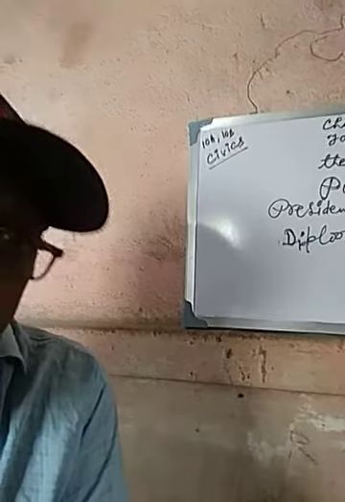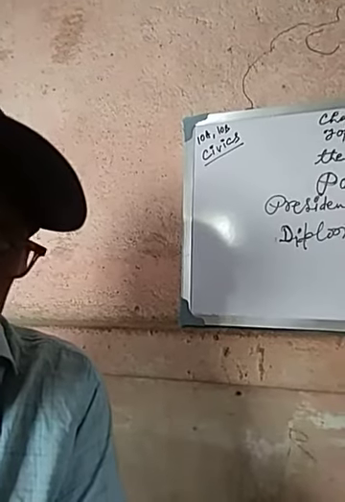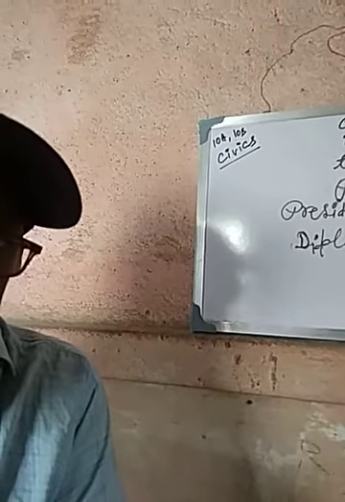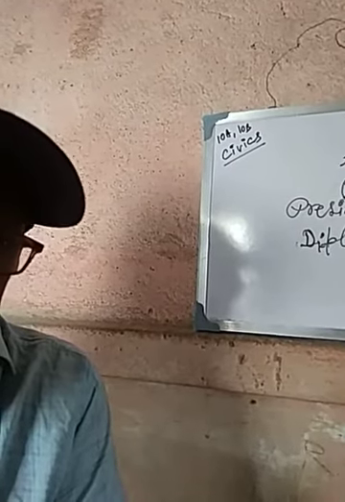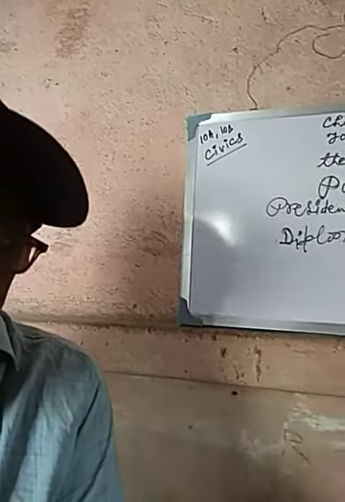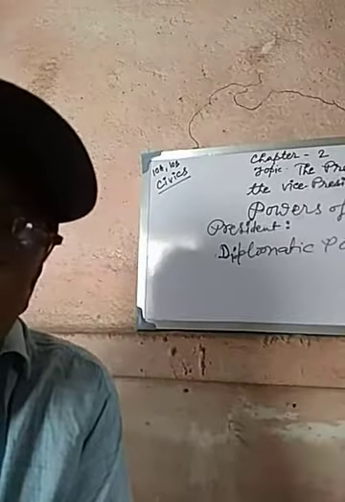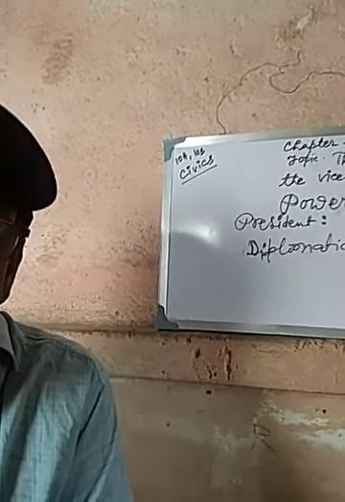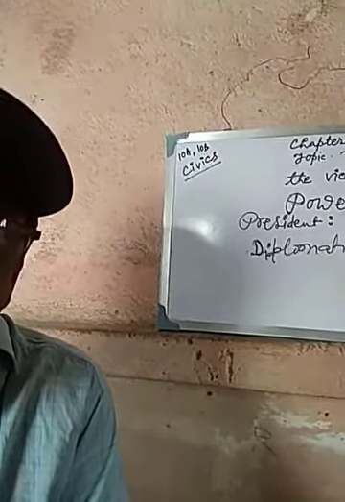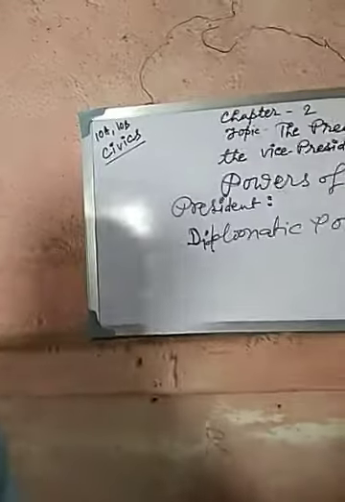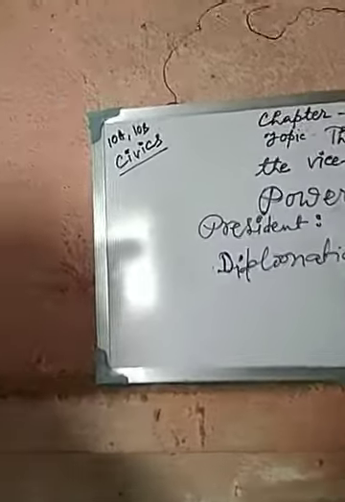How? Under the charges of impeachment, or under failure to prove their majority in the House. Whenever the government fails to prove its majority in the House in front of the Speaker, the whole ministry is supposed to resign. So these are the things the president can enjoy.